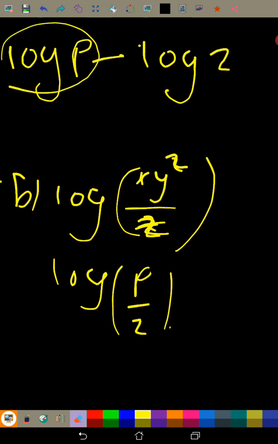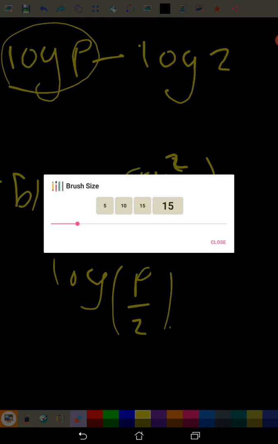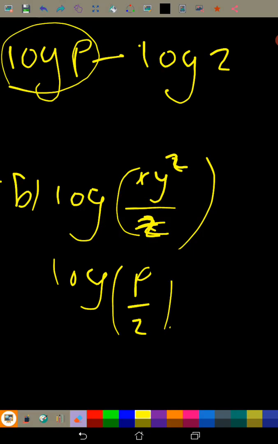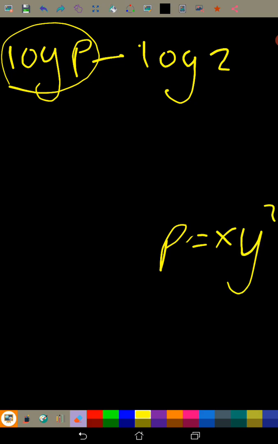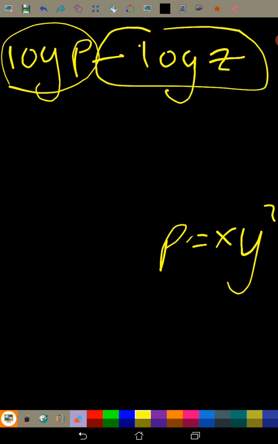Now we can solve this, because we know that p is equal to something. P is equal to x times y to the power of 2. So we know we have this result, minus log z, right?